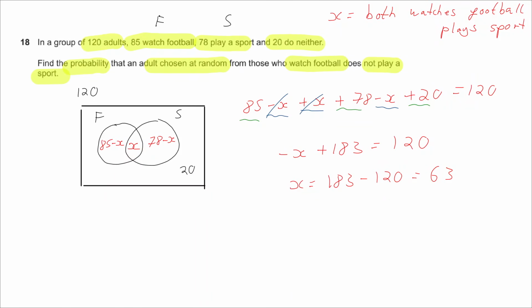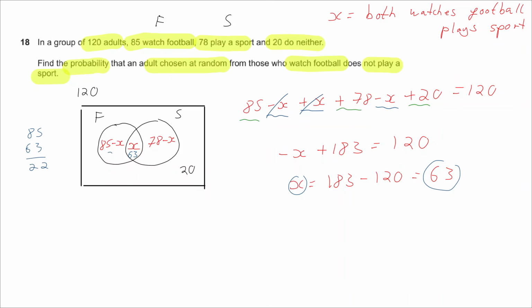We know that because X is equal to 63, let's go and highlight that, X is 63, the middle part is 63. This is 85, take away 63, which is going to give you 22.